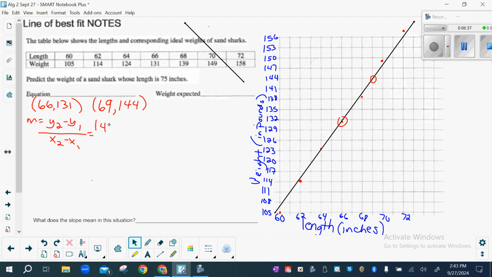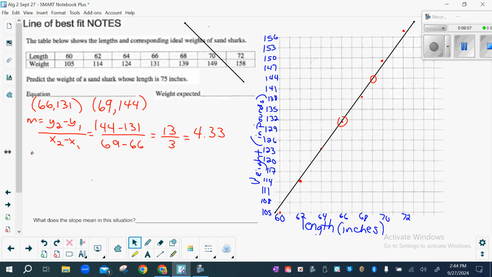So 144 minus 131 over 69 minus 66. We get 13 over 3, which is about 4.33.